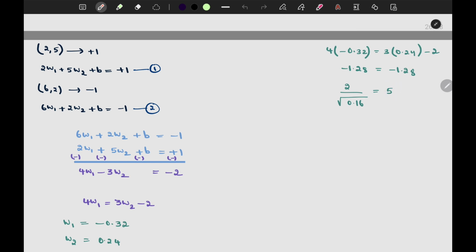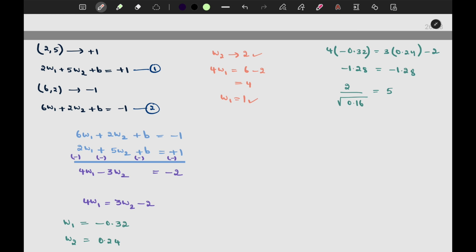You might be thinking about multiple values. I'll just show an example with one value. Let's think w2 value as 2. So what will be my w1? It is 3 into 2, 6, minus 2, which is 4. So my w1 will be 1. These values are also correct. But I already mentioned we need to have this margin value as high as possible.